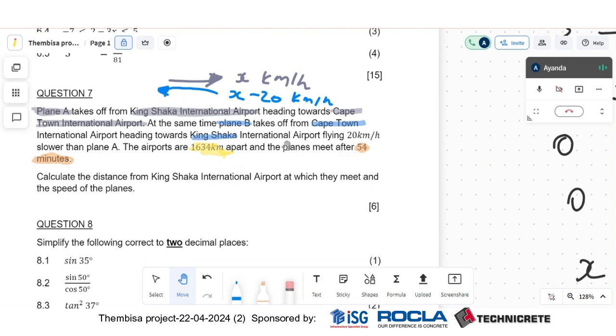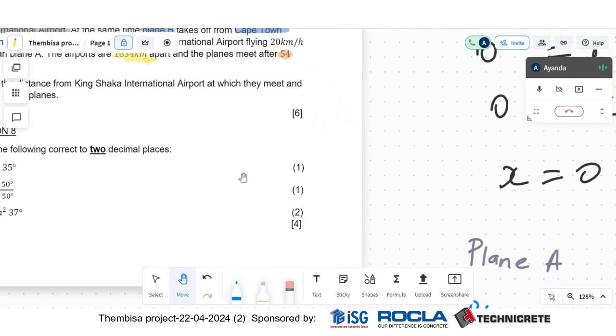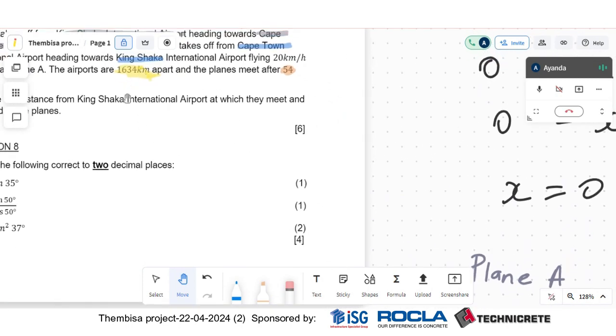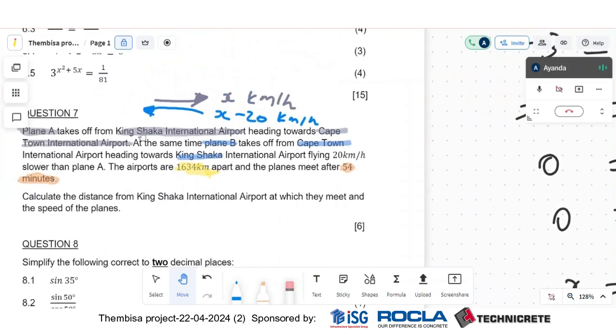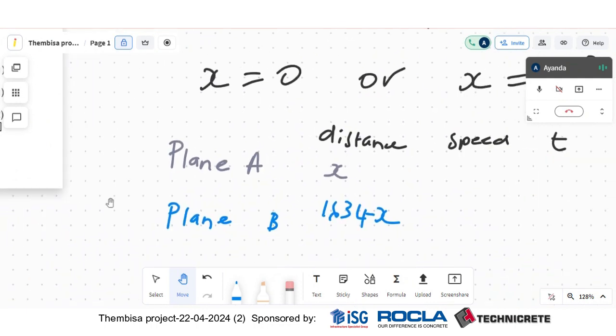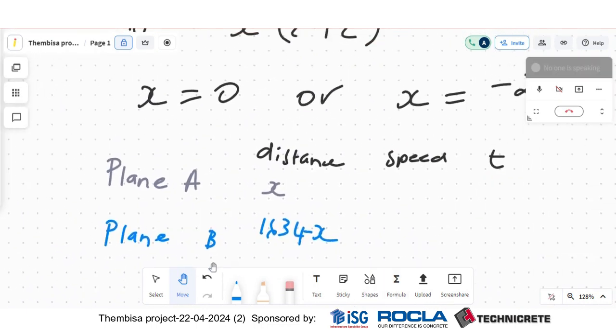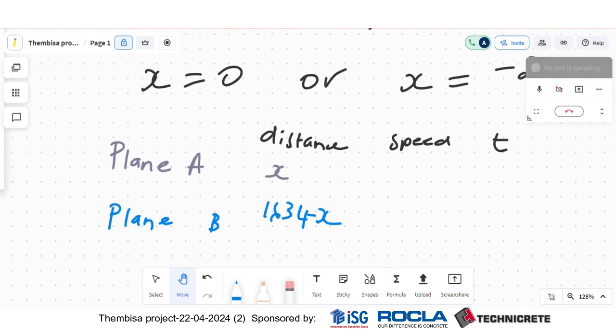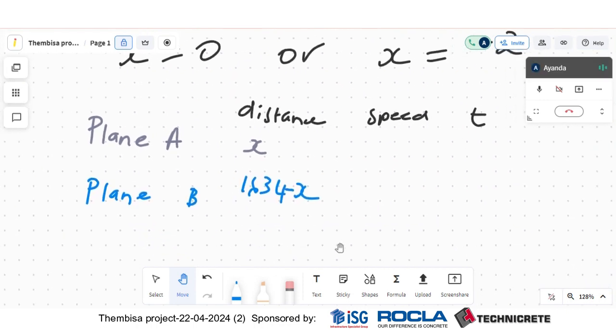We're told the airports are 1,634 kilometers apart. Plane B is leaving from Cape Town towards King Shaka, so it's 1,634 minus x. Plane A is leaving from King Shaka, so that would be x kilometers. For the speed at which they're traveling, we know speed is distance over time.